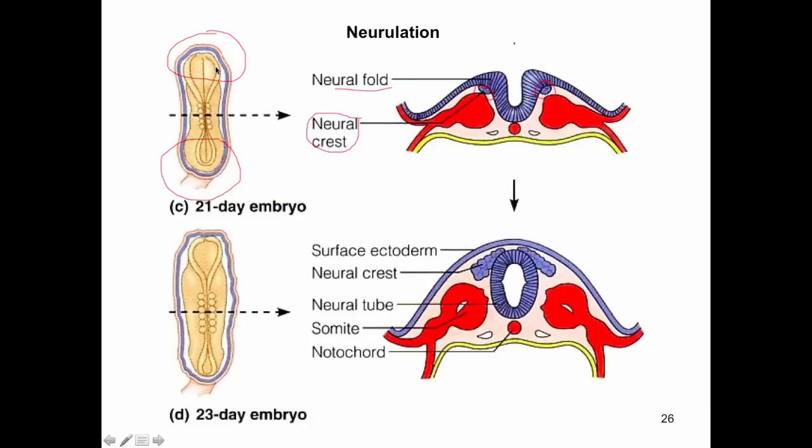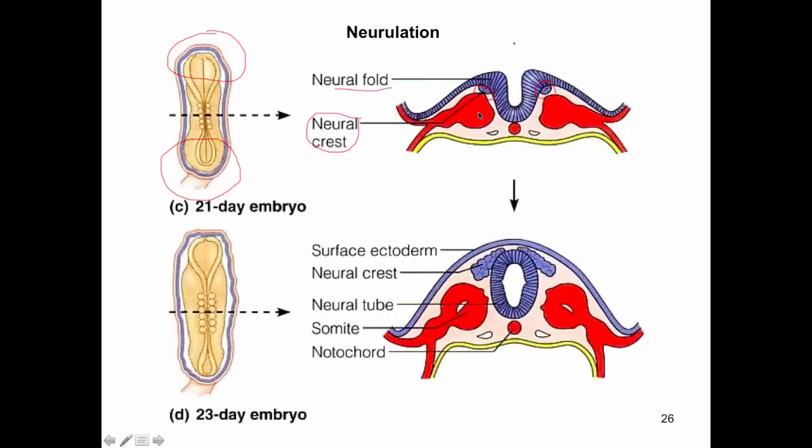So the neural fold tissue up here is already destined to become the brain, and down here, it's destined to become the spinal cord. The neural crest forming alongside it, at the upper regions of the embryo, is going to become the cranial nerves, and at the lower regions, all of the spinal nerves.